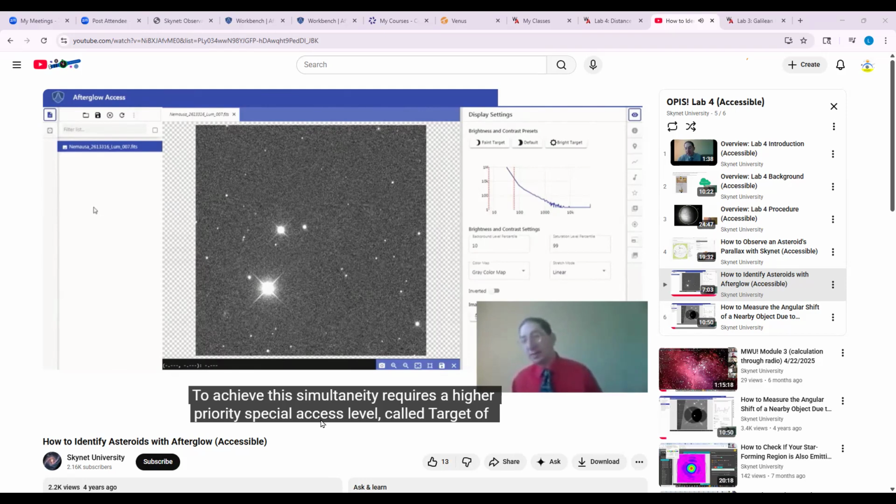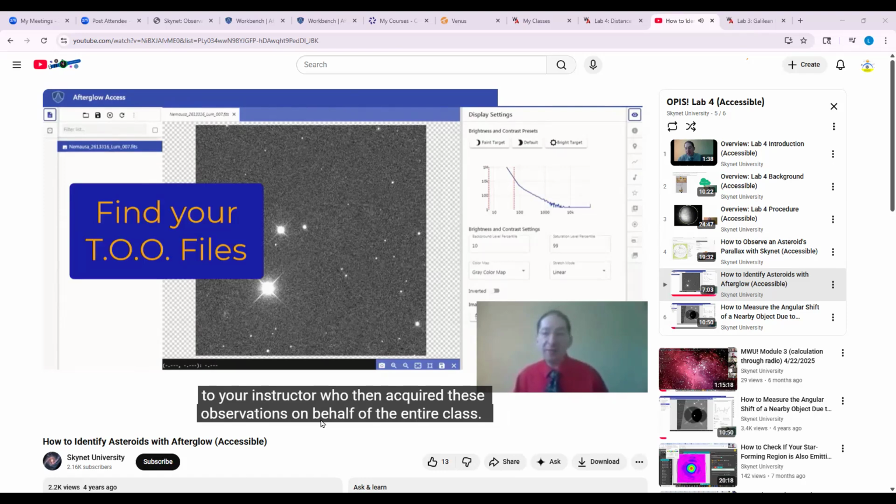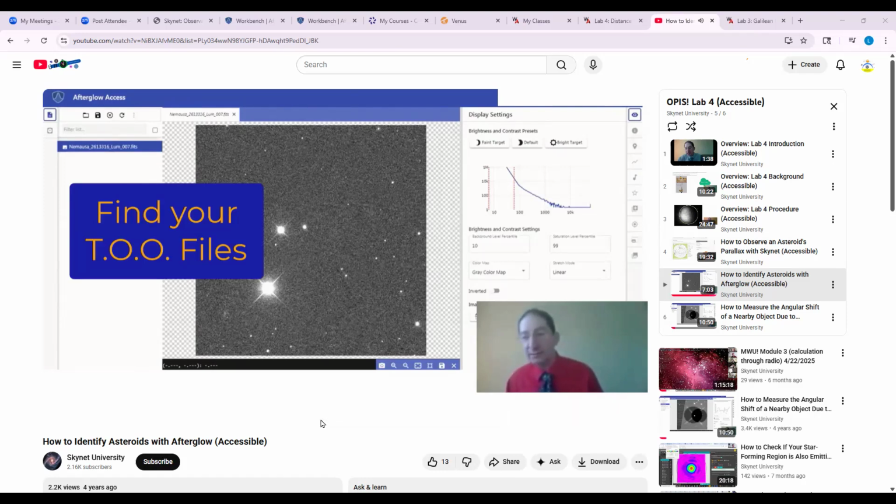To achieve this simultaneity requires a higher priority special access level called Target of Opportunity, or TOO. This isn't something that we can just give to everyone, but we did give it to your instructor, who then acquired these observations on behalf of the entire class.